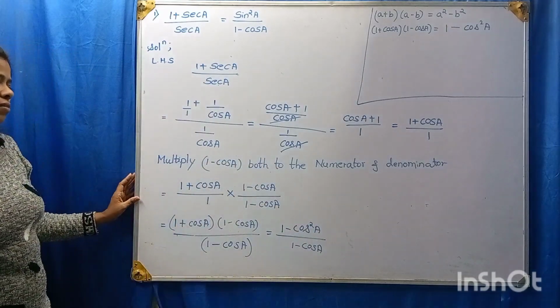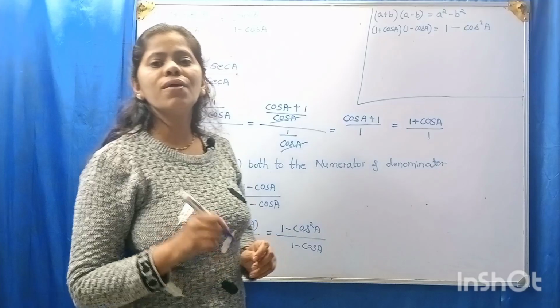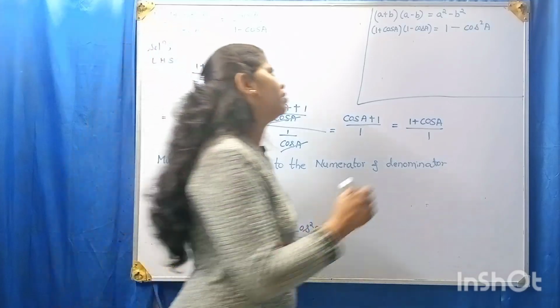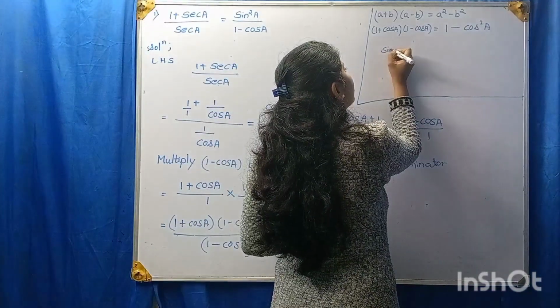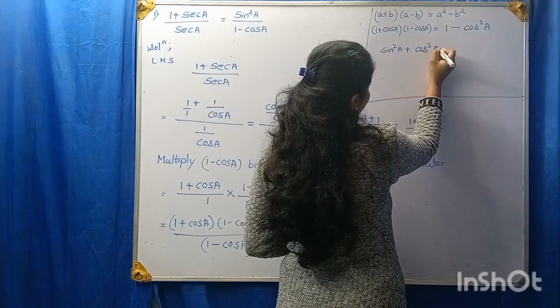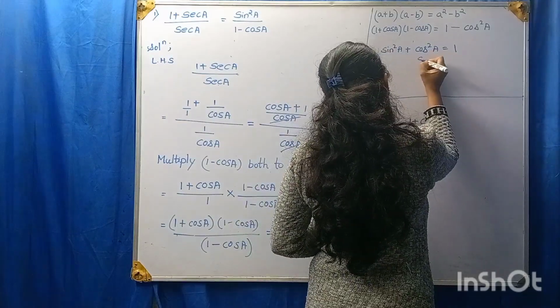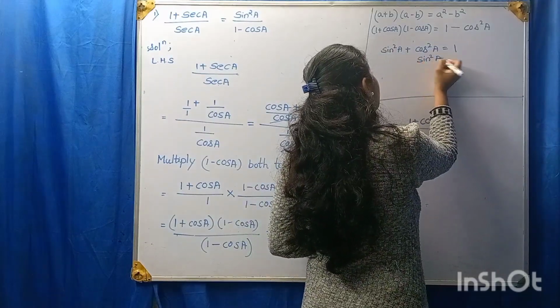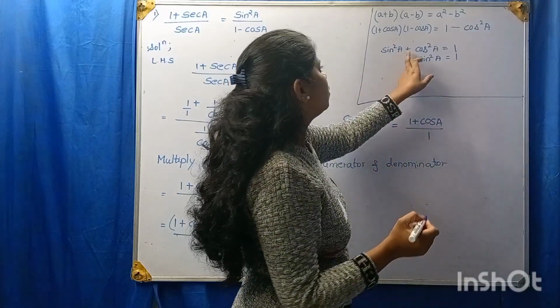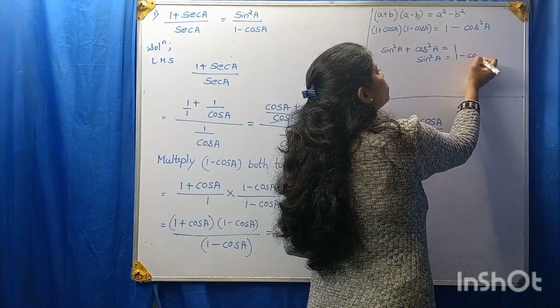Okay. Now, we know another formula: sin square A plus cos square A is equal to 1. Therefore, sin square A is equal to 1 minus cos square A, since cos square A goes to the other side and becomes minus.